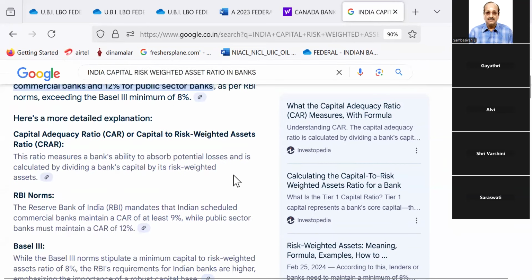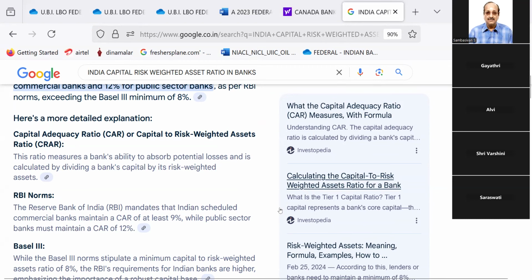Continue. Capital adequacy ratio (CAR) or capital to risk weighted asset ratio (CRAR). This ratio measures a bank's ability to absorb potential losses and is calculated by dividing a bank's capital by its risk-weighted assets.